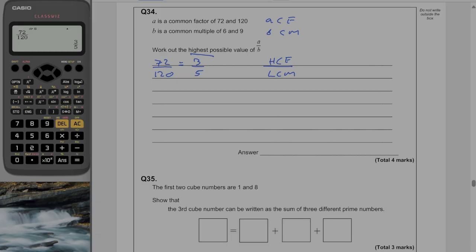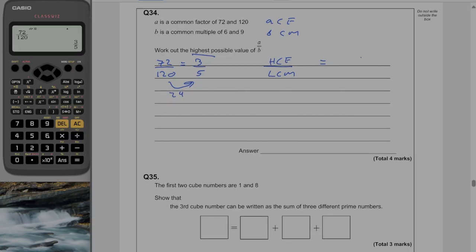So if we do 24, yeah. So the highest common factor is 24. So we're looking at 24 divided by the lowest common multiple.